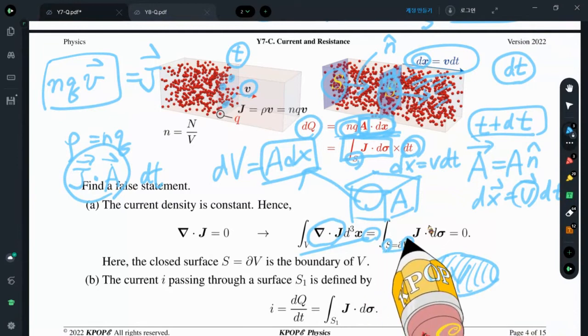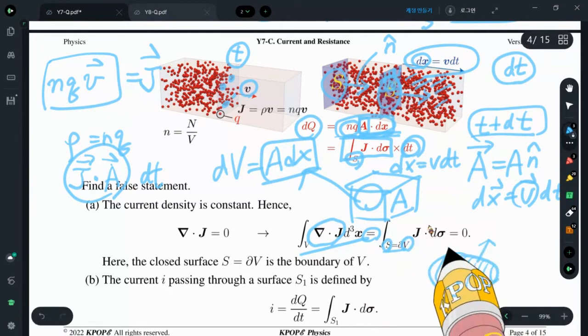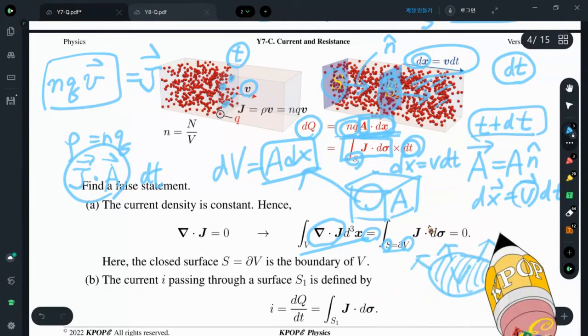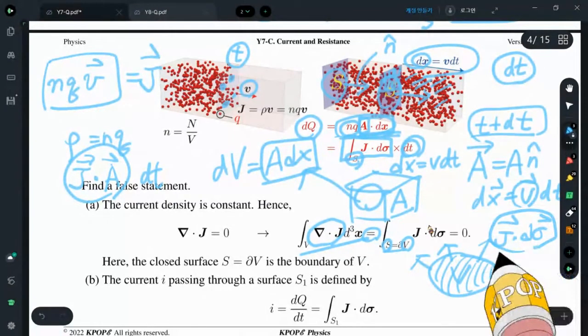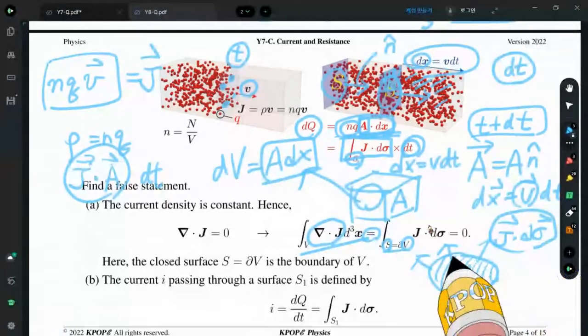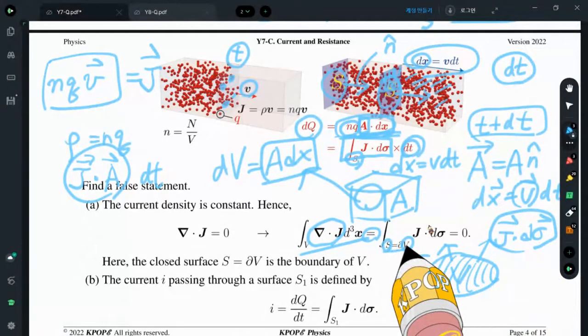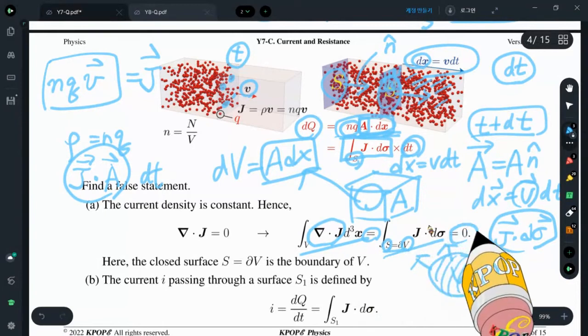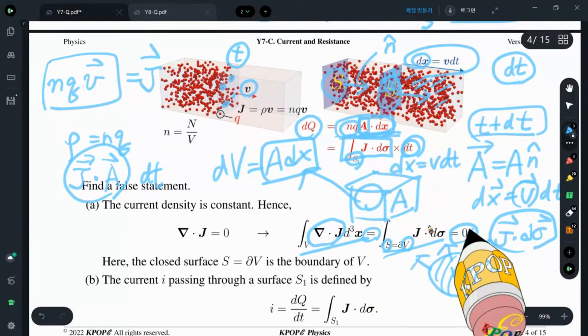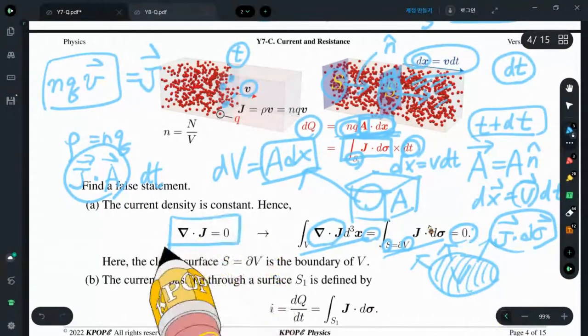Over this closed surface, we can evaluate J dot d sigma. J dot d sigma is the current passing through the closed surface. Okay, this integral is always 0 if divergence J equals 0.